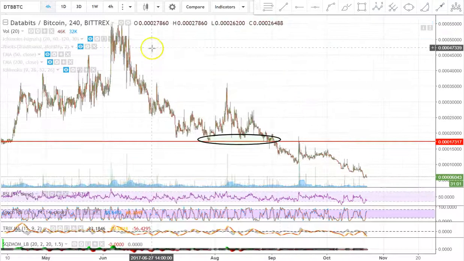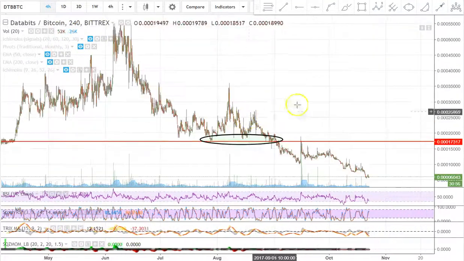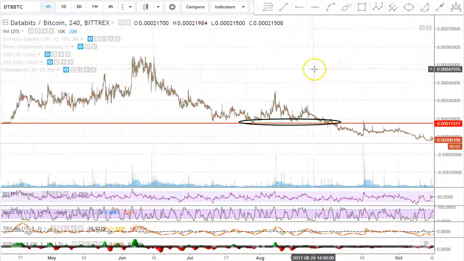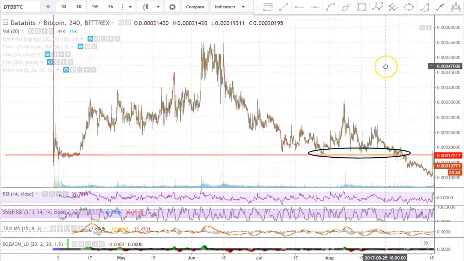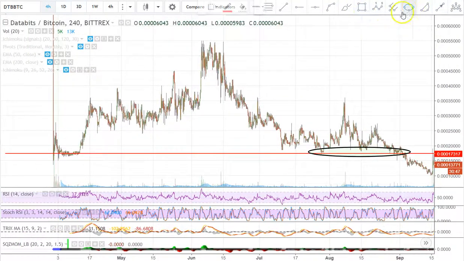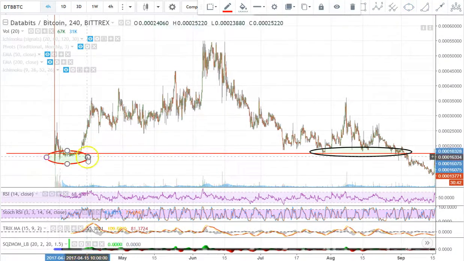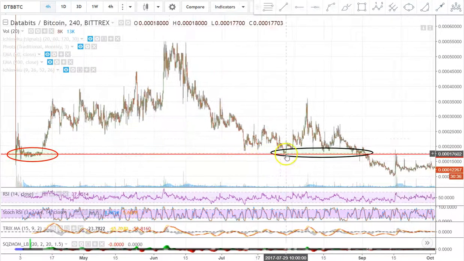For example, I'm going to take Databits as an example. You can compare the chart with Ageless coin. Here, some support, and the price bounced on that support a couple of times.